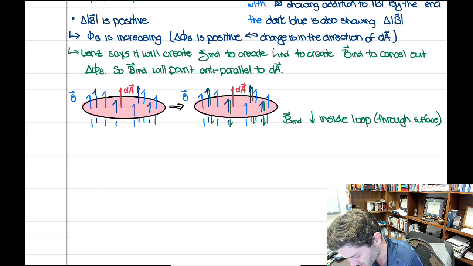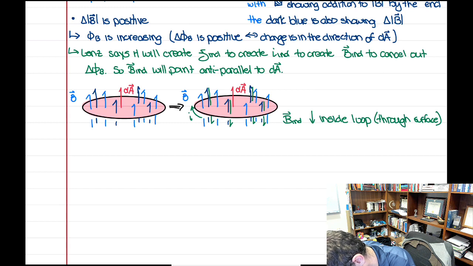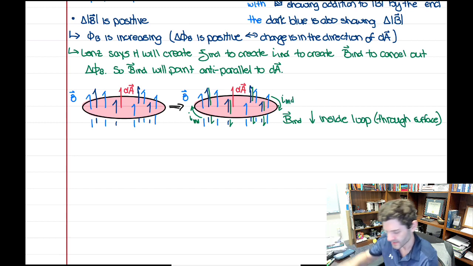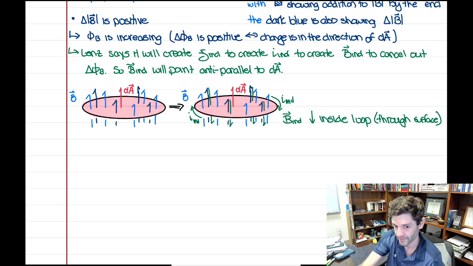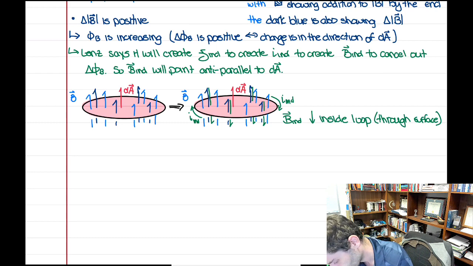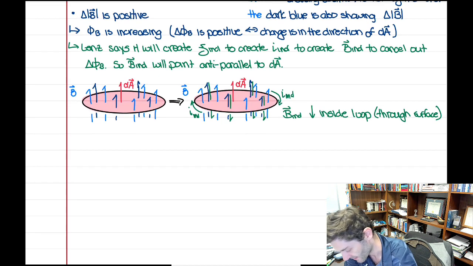If I want to create the green lines inside the loop, I have to be going in this direction. So that would be I induced. Because if I have my thumb follow the arrow, my fingers curl into the loop, and then curl back up outside the loop. That would then create the green field lines to counteract the change in flux.